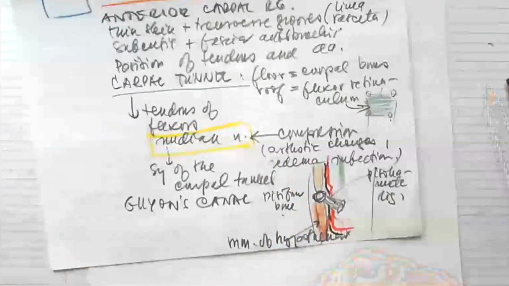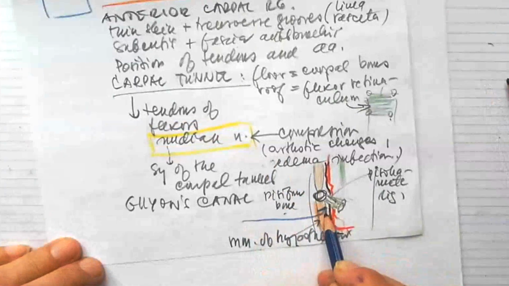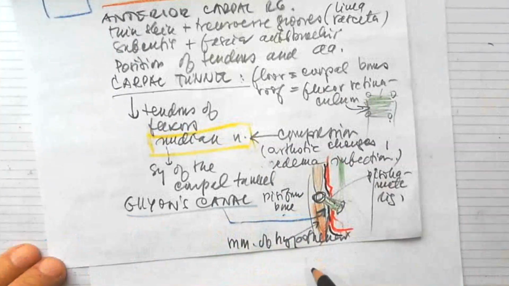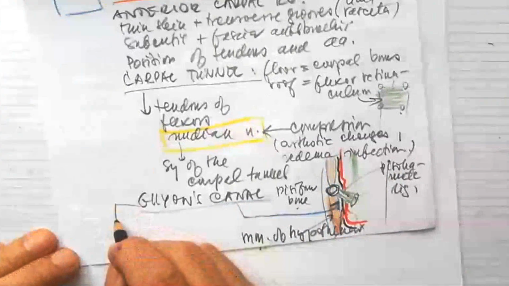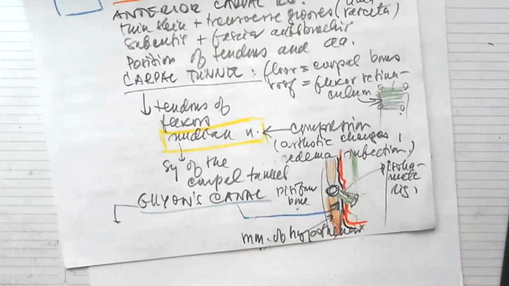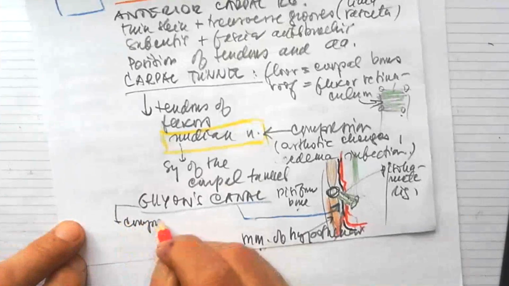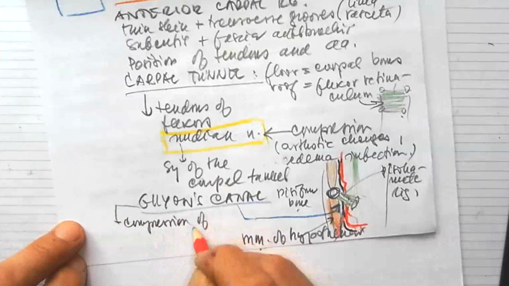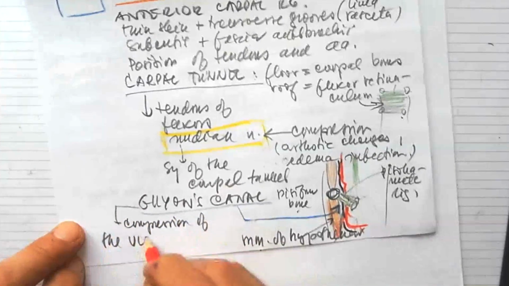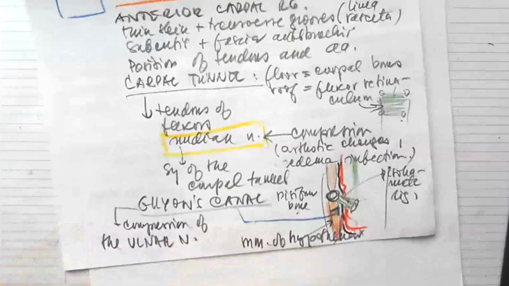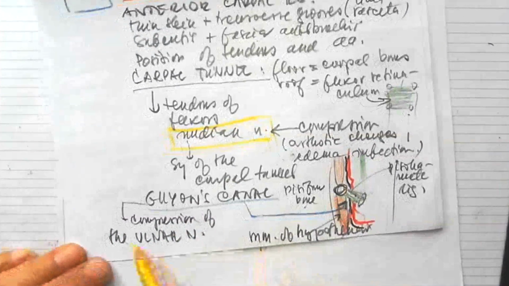So here at this level, we see Guyon's canal done. And we could say that sometimes in Guyon's canal compression of the ulnar nerve could be described. This is the same as compression of the ulnar nerve in the proximal areas.